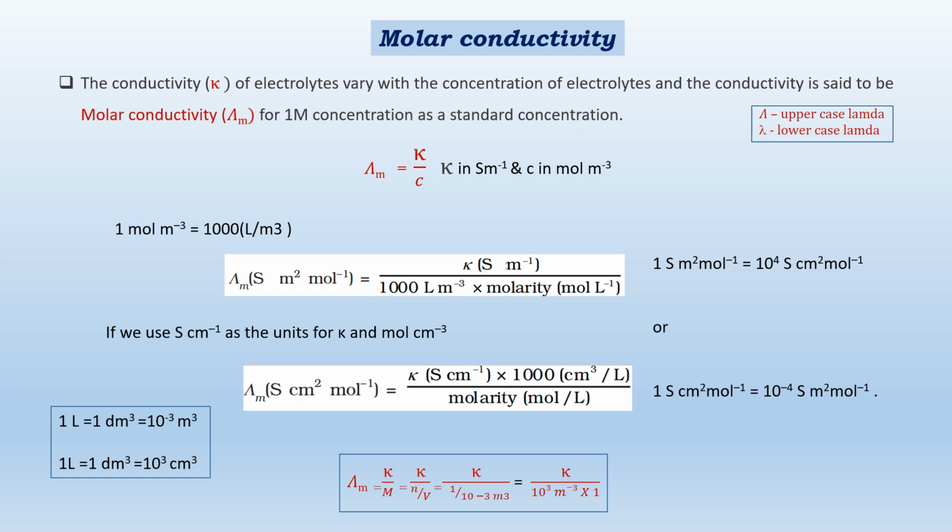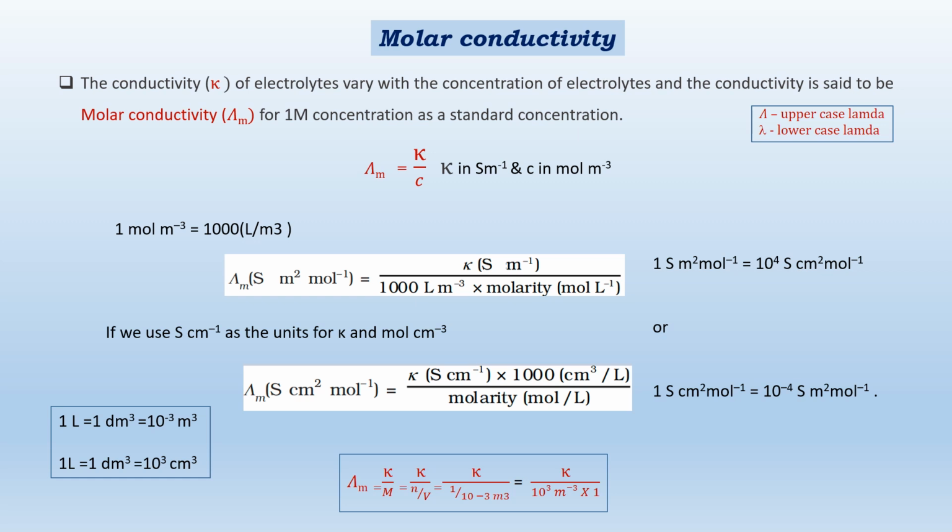Okay, lambda m is equal to kappa by C. What is C? C is the molarity. Concentration is expressed in terms of molarity, where M is equal to n by V. See the last step I have given. Lambda m is equal to kappa by M.